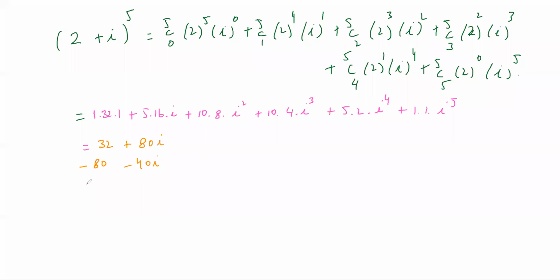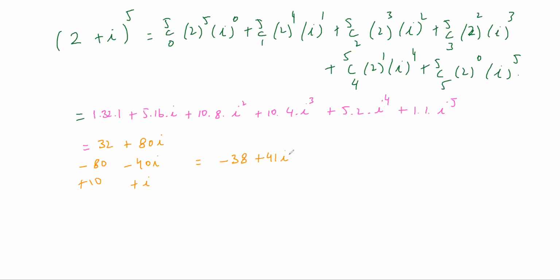This is 10, so I'm just writing down here plus 10, and then iota to the power 5 is going to be simply iota. Okay, so this is minus 38 and plus 41 iota.